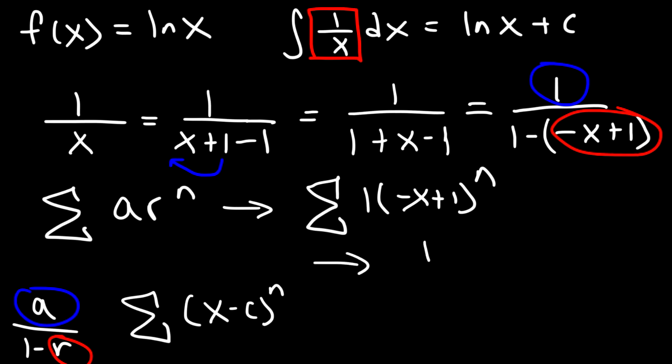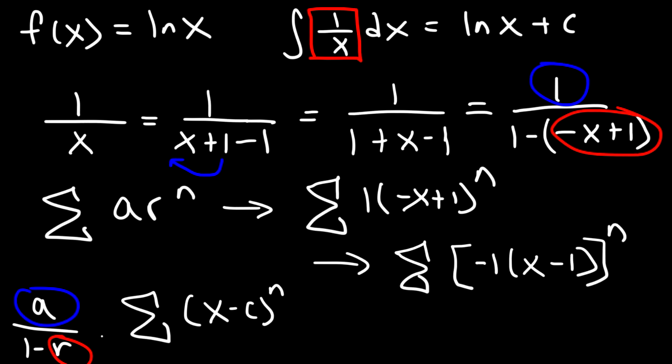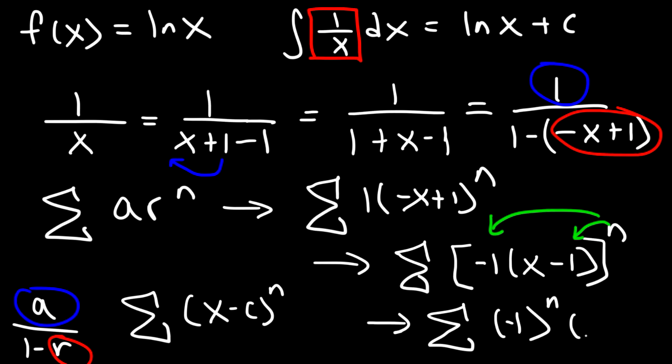In order to do that, we need to take out a negative 1. If we pull out a negative 1 from negative x plus 1, it's going to be positive x minus 1 to the n power. Now we need to distribute the exponent to negative 1 and to x minus 1. So now this is going to be negative 1 to the n times x minus 1 to the n.